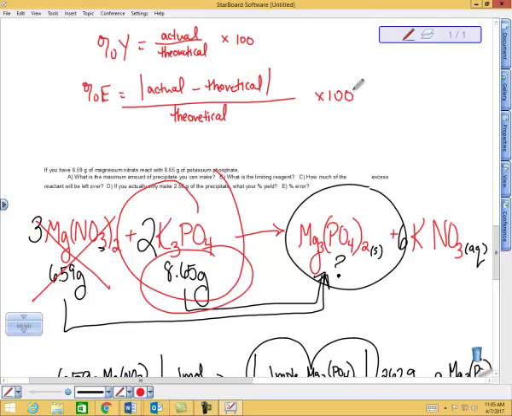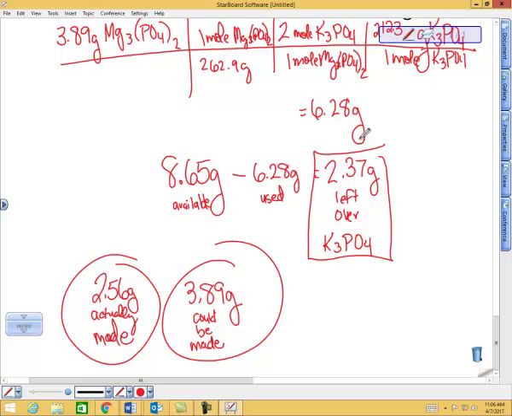You have one question for that. What did I actually get? Which number represents what I actually got? The 2.56 or the 3.89? The 2.56.